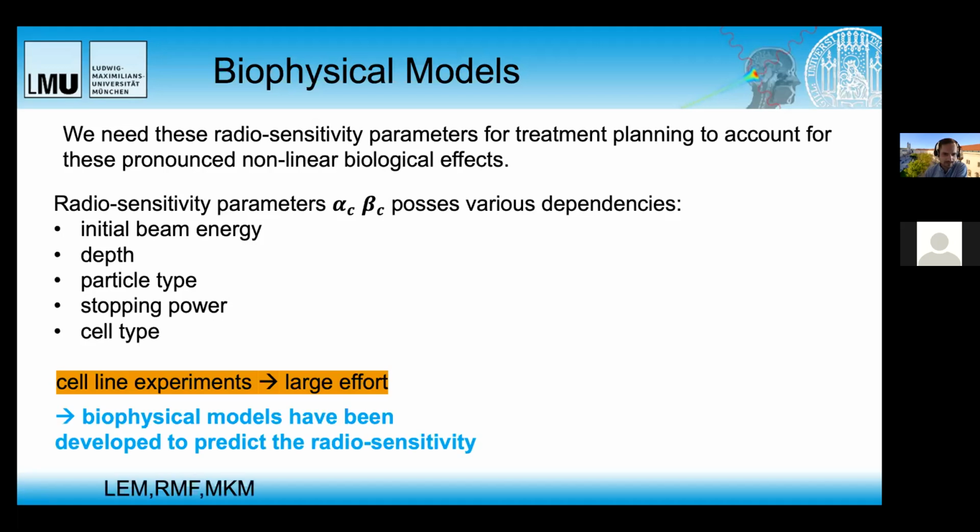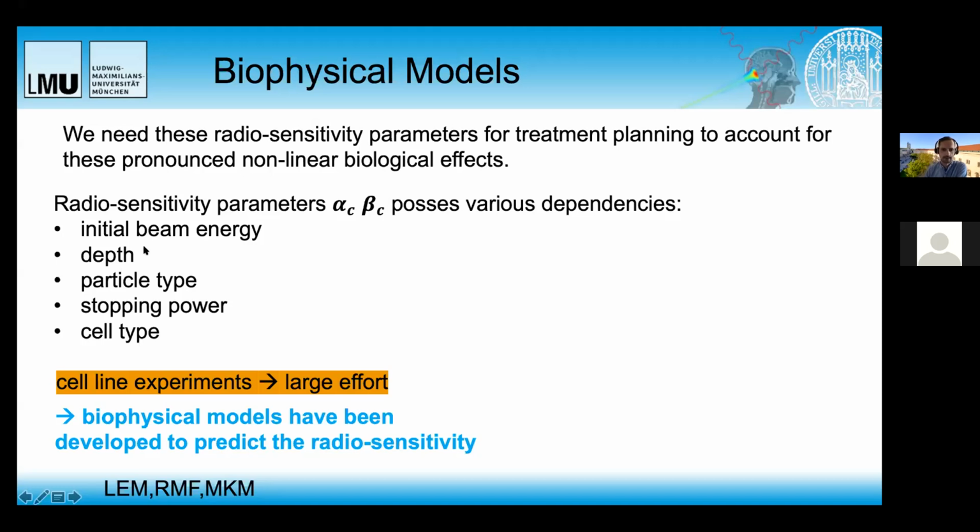Therefore, historically, there was the need to develop biophysical models to predict the radiosensitivity of all these combinatorics. There are some scarce in vivo and in vitro experiments, and the models have been validated with this scarce data. But more importantly, these biophysical models are also able to predict combinations for which we don't have experimental data.